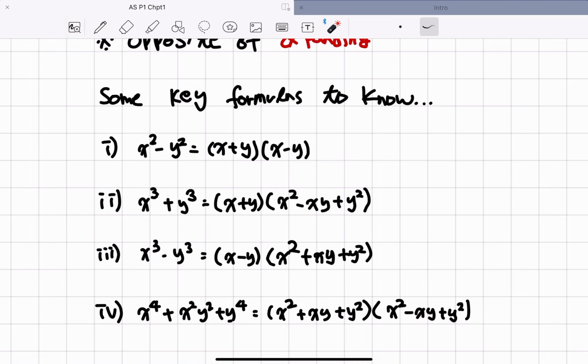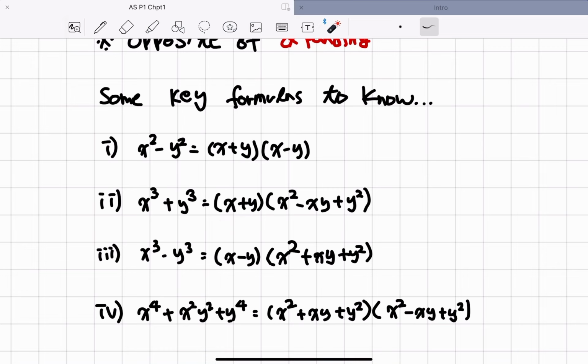So you can find this one by expanding these two terms, right? Factorizing is just the opposite. So if we look at this one, we should know how to make this. So this is just the simple meaning of factorizing.